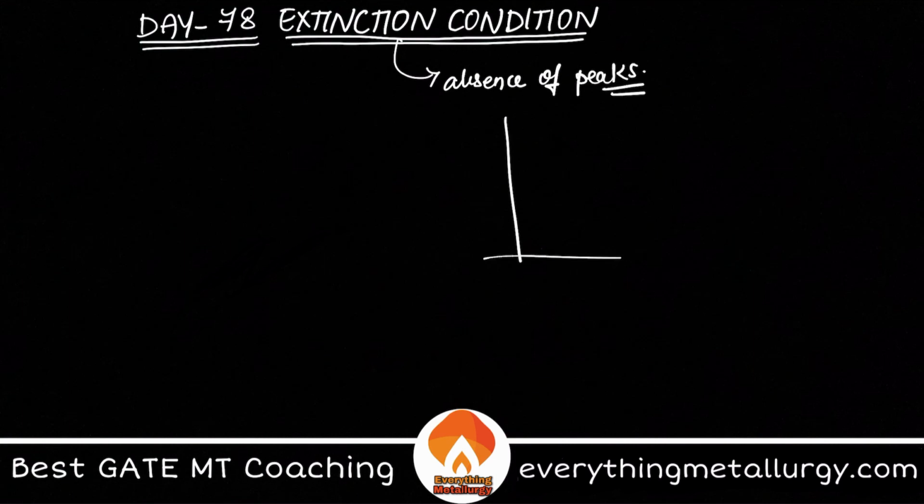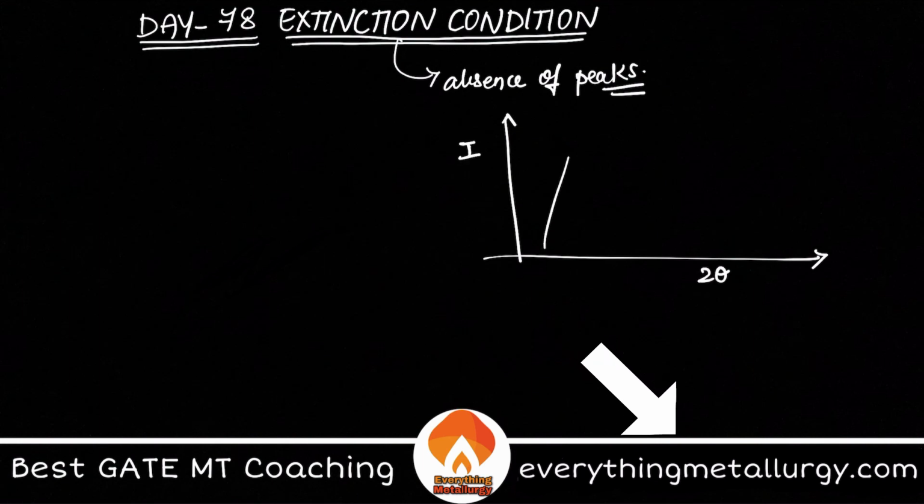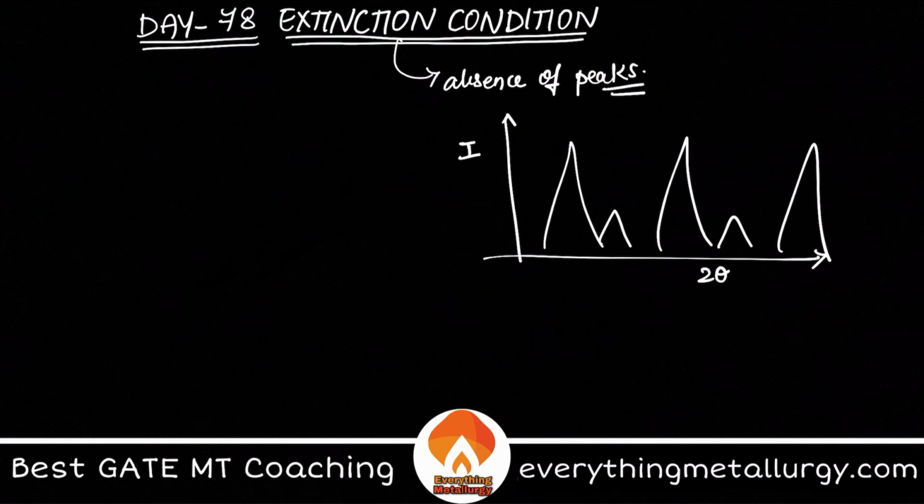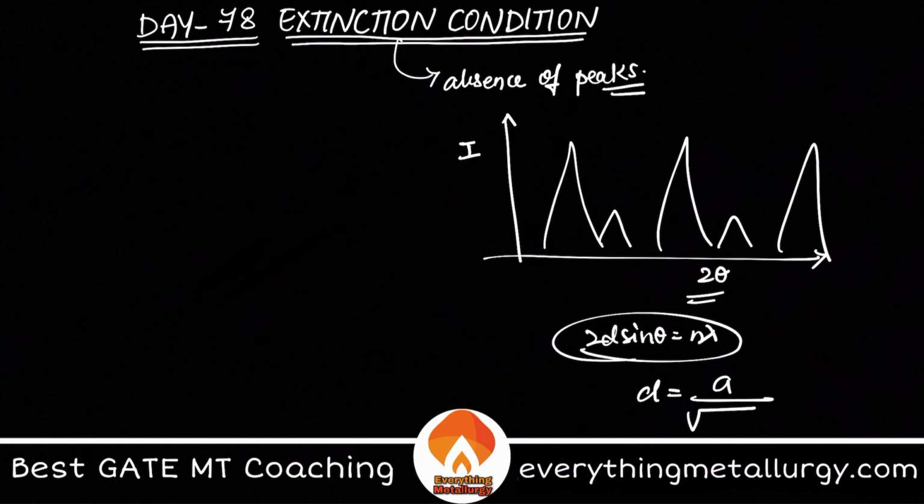Usually we get intensity versus 2 theta, and you see different peaks coming in. This is what you get to see in XRD. From theta you calculate the interplanar spacing from 2d sin theta equal to n lambda, and finally from d you get a by root of h square plus k square plus l square, and hence the plane.